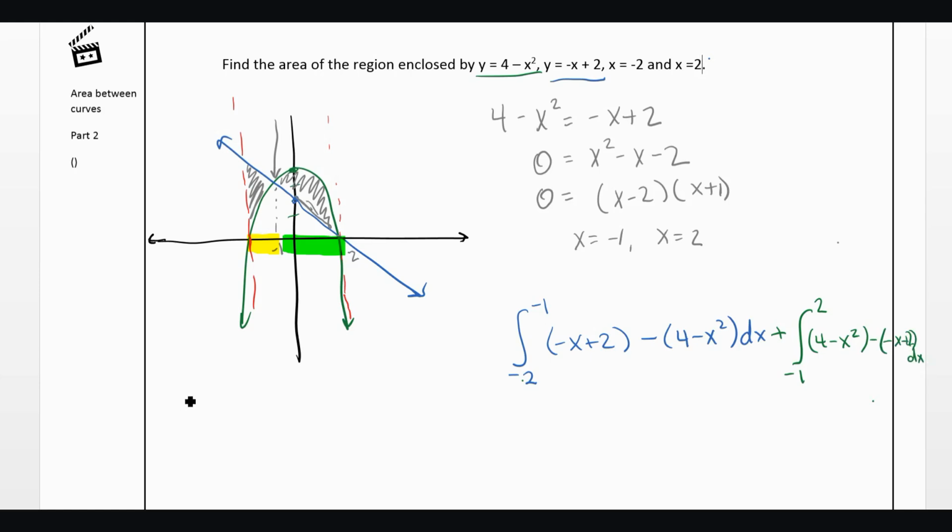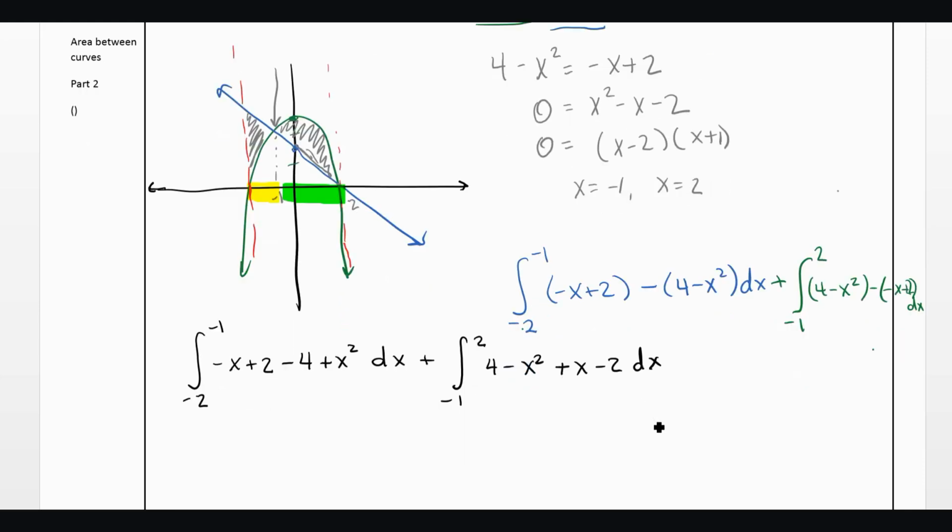Okay, so this first integral we've got from negative 2 to negative 1. Let's just distribute the minus, so we have negative x plus 2 minus 4 plus x squared dx. And then plus our second one. We're going to have from negative 1 to 2, 4 minus x squared plus x minus 2 dx.